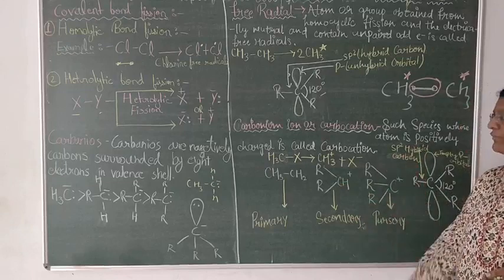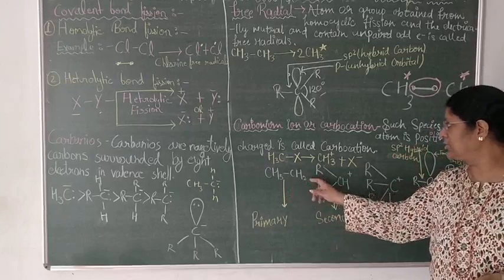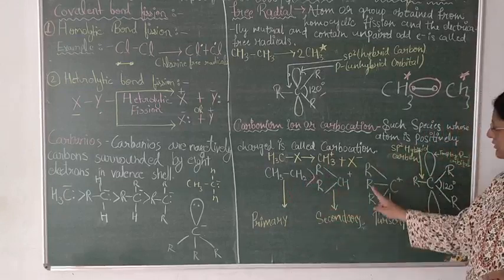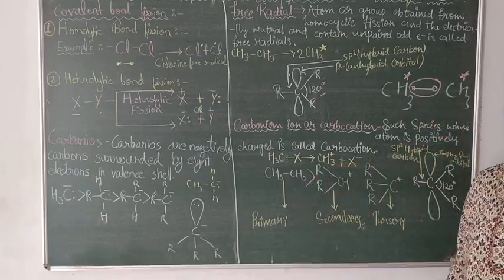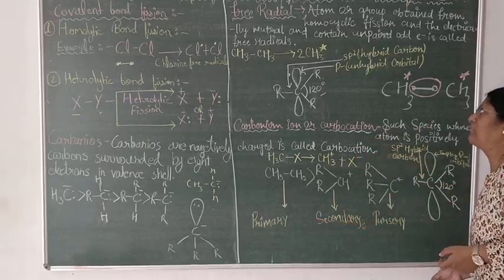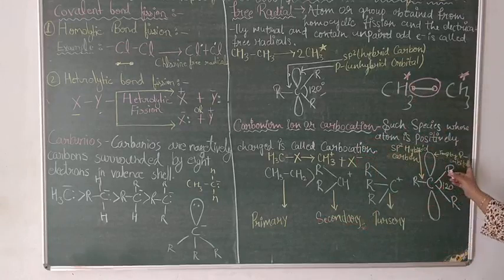For the stability of carbocation, CH3CH2 with one alkyl group is less stable than with 2 alkyl groups, than with 3 alkyl groups. So primary, then secondary, then tertiary is the stability order of carbocation. The structure of carbocation will be the same as in free radical, and they possess sp2 hybridization.